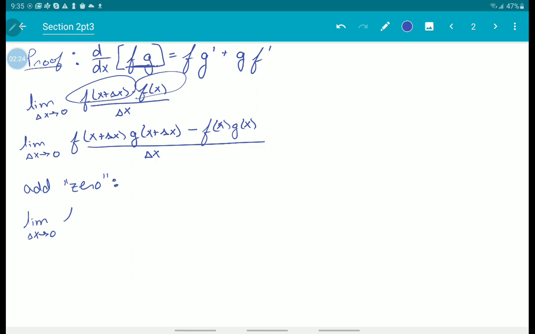So we're going to have f of x plus delta x times g of x plus delta x. And this is where we're going to add 0. So I'm going to subtract f of x times g of x plus delta x. And I'm going to add the same thing.